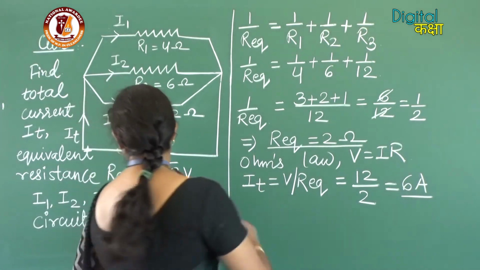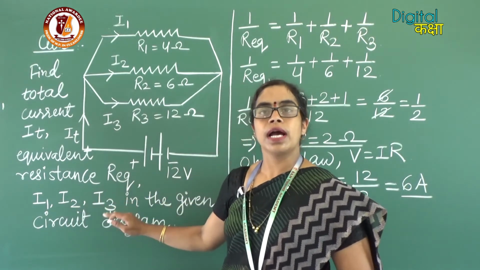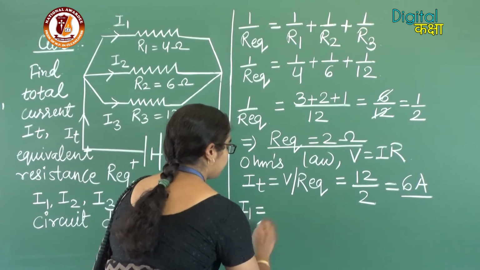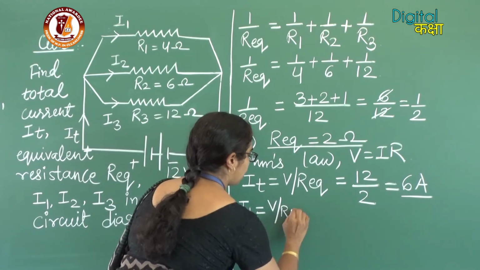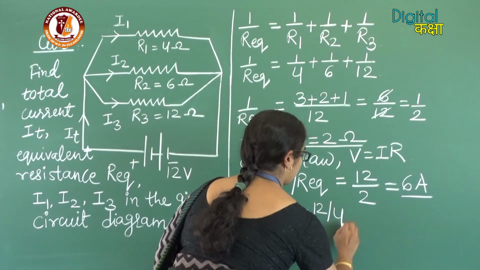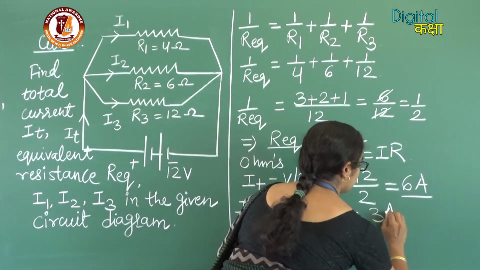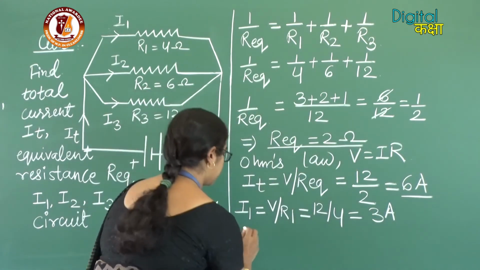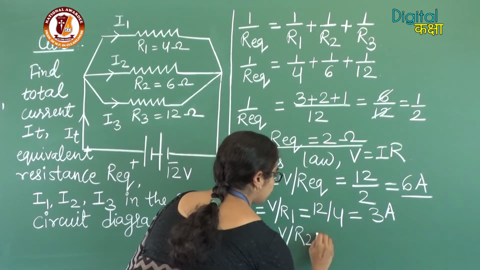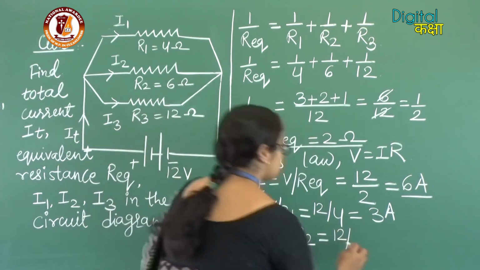After that, we have to calculate the value for I1, I2 and I3. So the value of I1 will be equal to V upon R1, that is 12 upon 4, which will come out to be equal to 3 amperes. For I2, the value will be V upon R2, which will be equal to 12 upon 6.